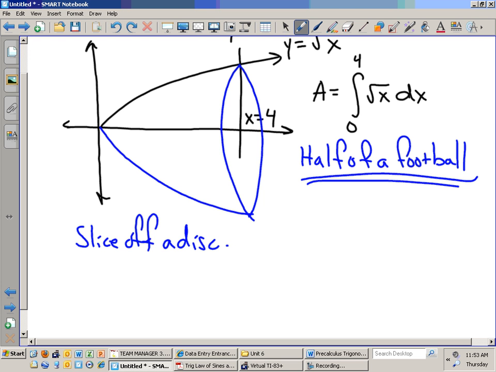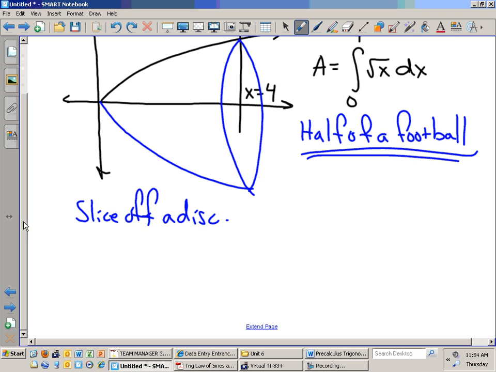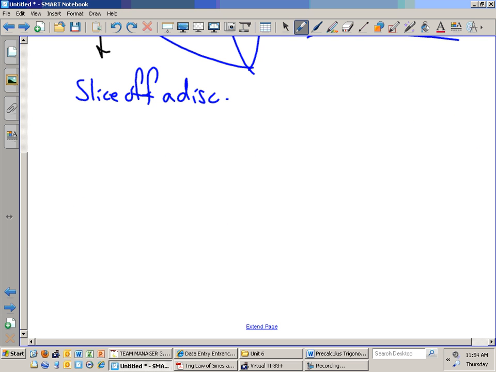You will often not like to slice off a disc. You will often like to skip this step, and you will do other things. And there will come a time in a week where you will wish that you looked at the disc or the washer or the cylinder or whatever it is that you were supposed to cut off and look at it. So I'm going to slice off a disc.